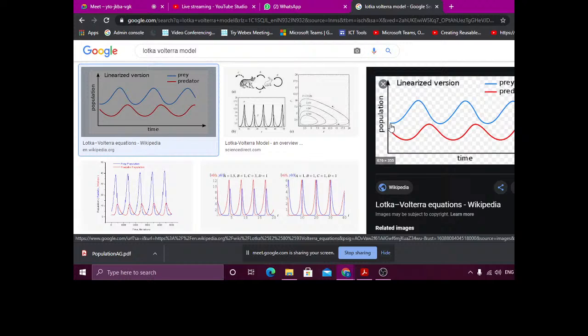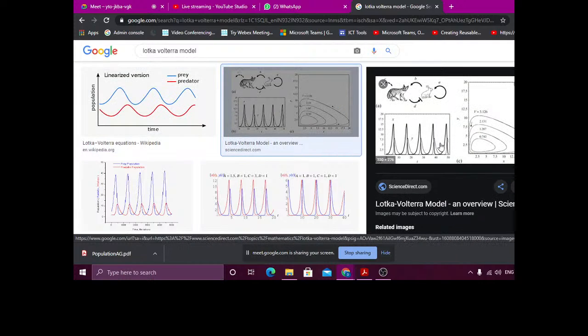So this is the prey population in blue. It's increasing and decreasing. As it is increasing, the predator population is also increasing; as it is decreasing, the predator population is also decreasing. This is how the predator and prey relationship exists. They showed this with lynx, a type of fox, and hare, a rabbit.